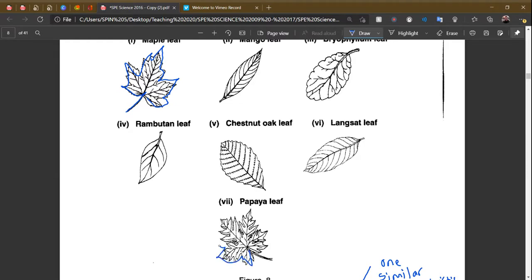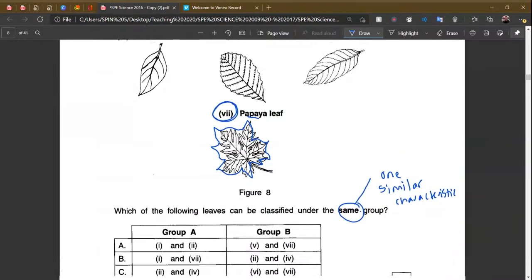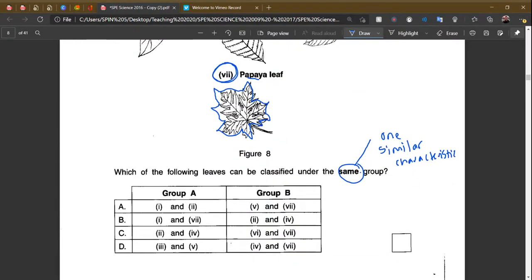The difference is only the design, but they have similarities, so 7 and 1 could be considered as one group. And let's look at the choices. Which one has 7 and 1? This one has 7 and 1, and I believe this is the answer.